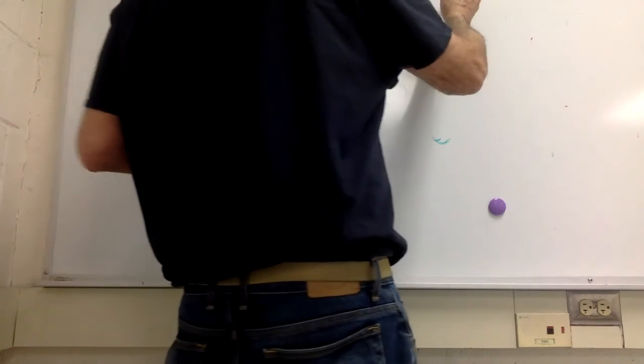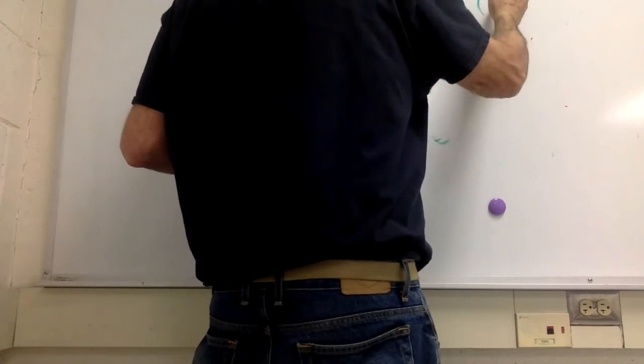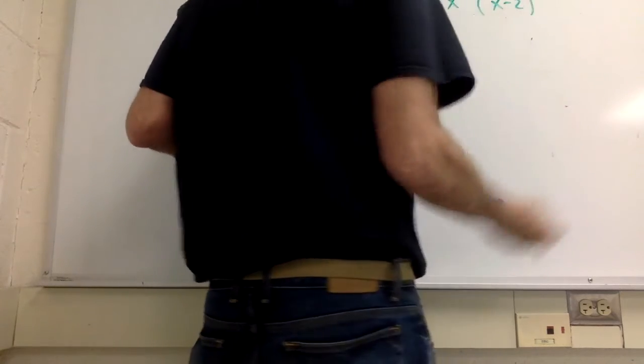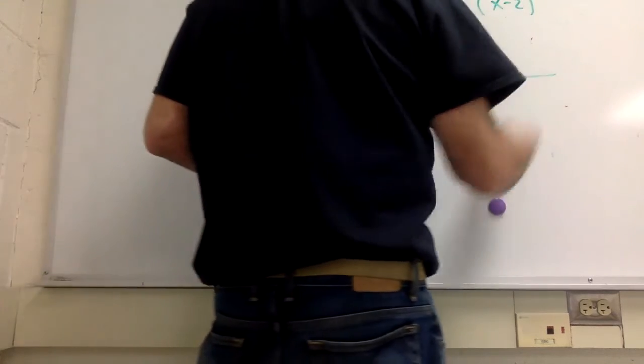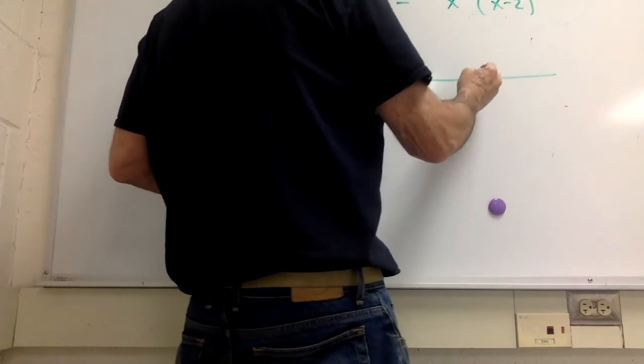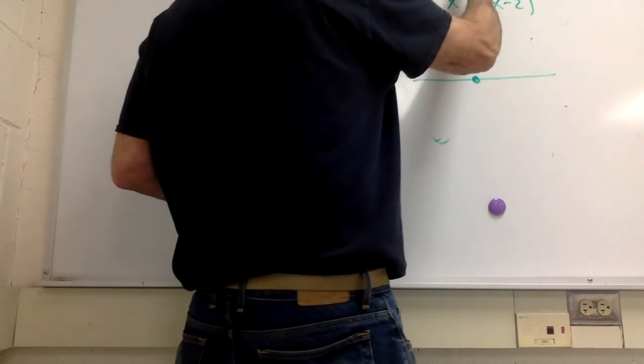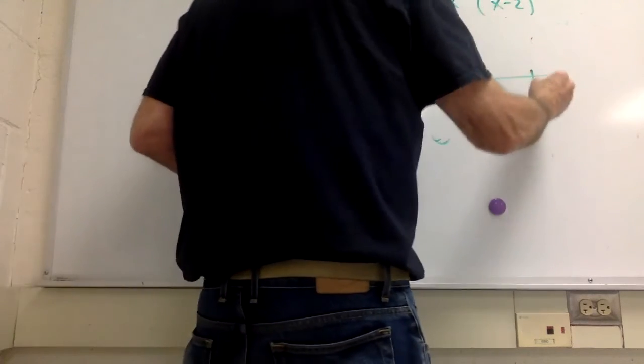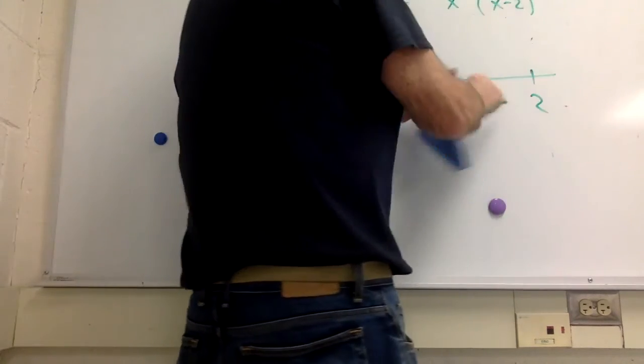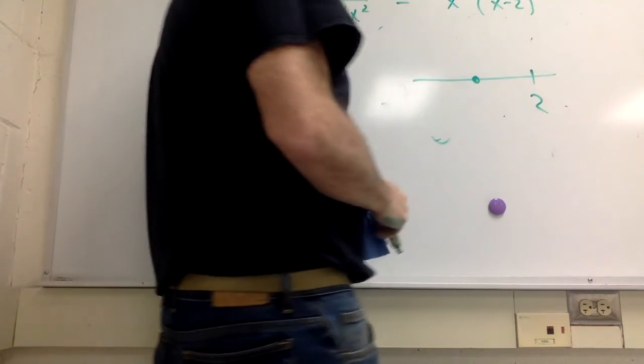So let's look at x to the fourth times x minus 2 cubed. All right. There are only two critical numbers here: 0, putting a dot because it's even, and 2, putting a dash. No sign change here, sign change there.